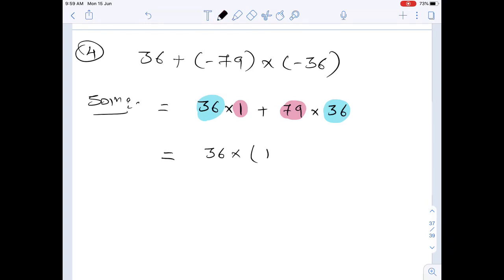So 1 plus 79, that is equal to 36 into, now what is 79 plus 1, it is 80. Equals to, now 36 into 80, both of them have a positive sign, so we will multiply directly. So 36 into 80 is equal to 2880, and this is our final answer.